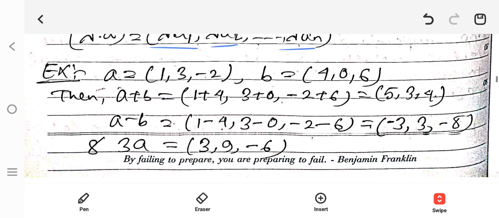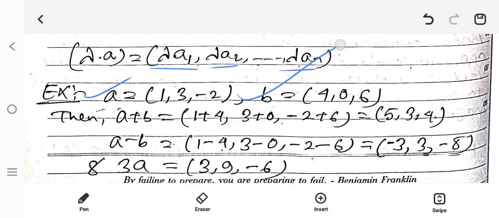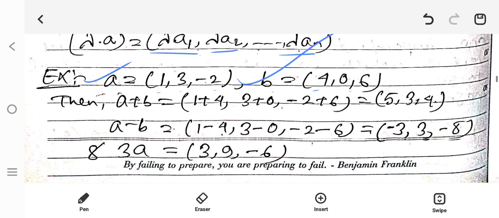Now let's see an example regarding this. Here we have a vector A and a vector B, where vector A's components are 1, 3 and minus 2, and for vector B the components are 4, 0 and 6. Then adding the two vectors, A plus B, will be just adding the corresponding components. So A plus B will be 1 plus 4, comma, then 3 plus 0, comma, then minus 2 plus 6, which gives us this vector.